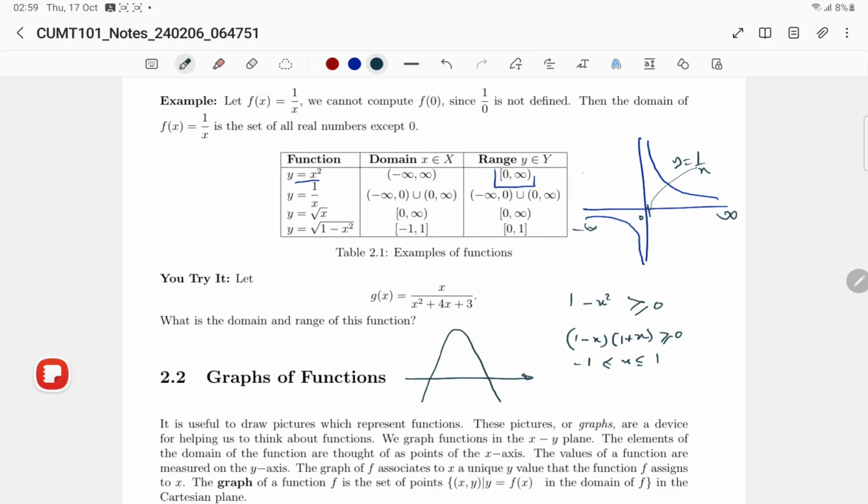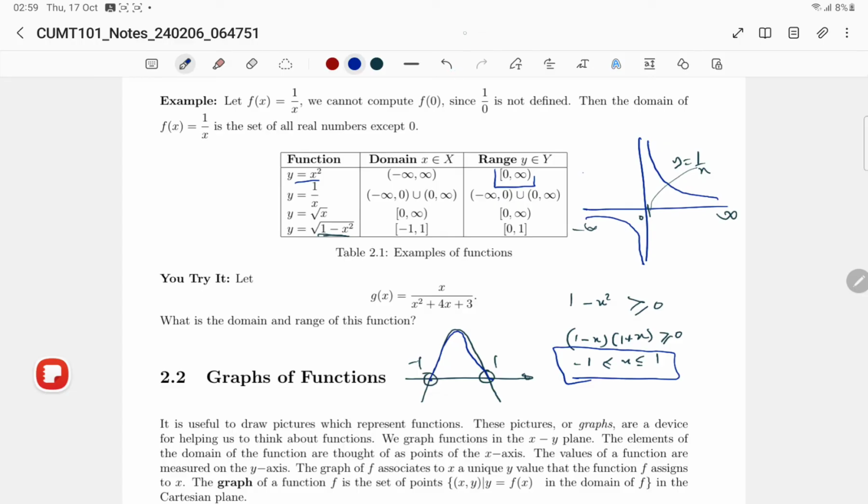So this one has minus 1 and 1. What it means is we want the points where the graph is greater than or equal to 0. So you're just going to consider minus 1 to 1.